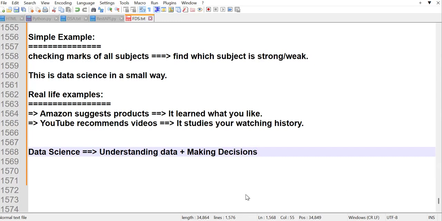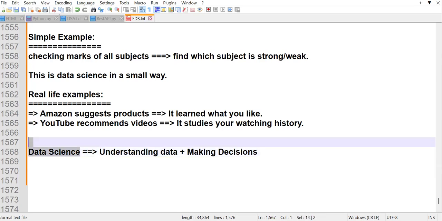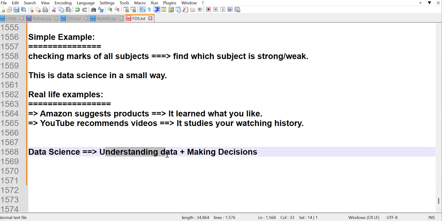So that is the clear-cut definition of data science. Understanding the past data, or understanding the examples, and making the decision whether the user will purchase the product or not, or whether the user will watch the video or not. Okay.